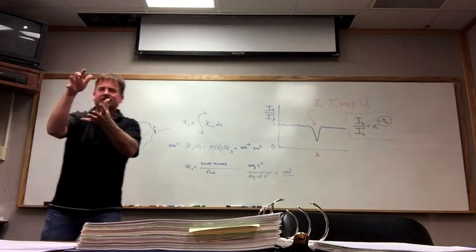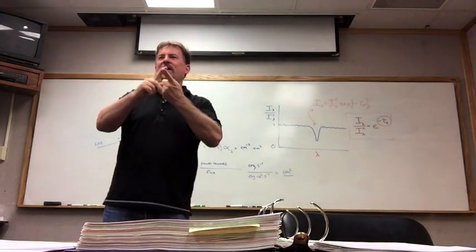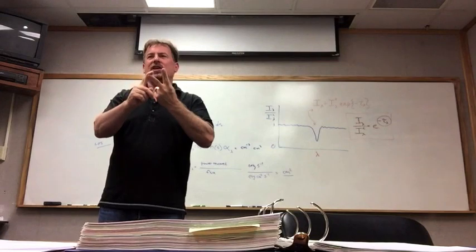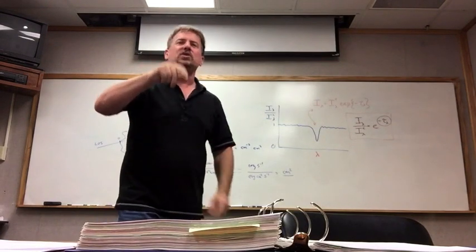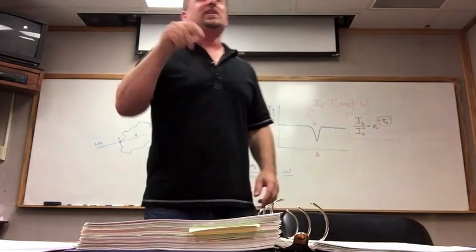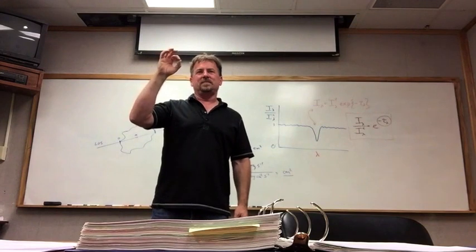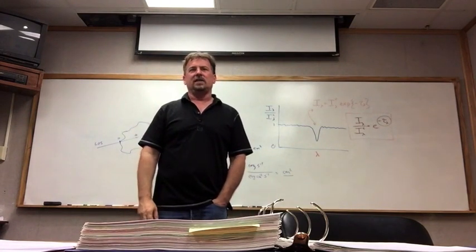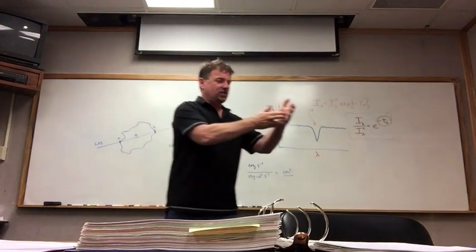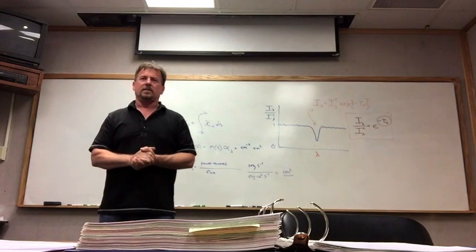No. So it's only giving you a window on one type of element in one type of excitation stage. Each absorption line, whenever you see one, you are only learning about one very, very specific atom in a given excitation state. Lyman alpha, that's from n equals 1 to 2. H alpha, that's from 2 to 3.